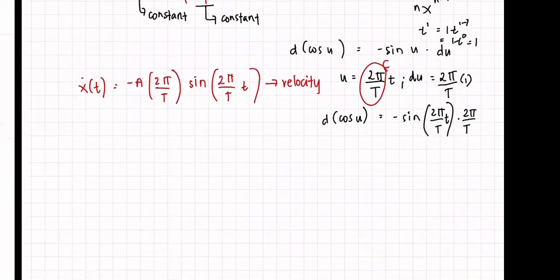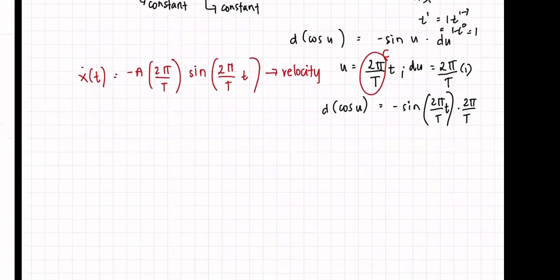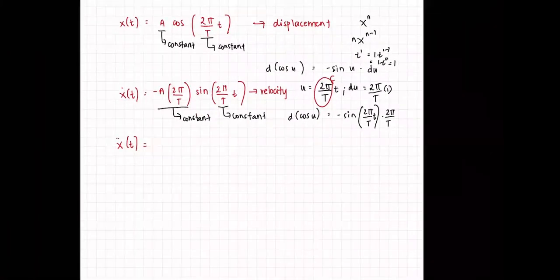Okay? Then, para makuha yung acceleration natin, we need to differentiate ulit yung velocity natin, second derivative. So, ito is constant ulit, as well as ito. So, ano ang derivative natin ng sine? Cosine po. Okay? Cosine.